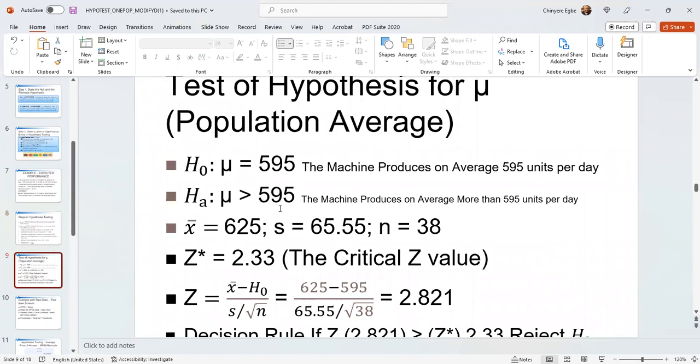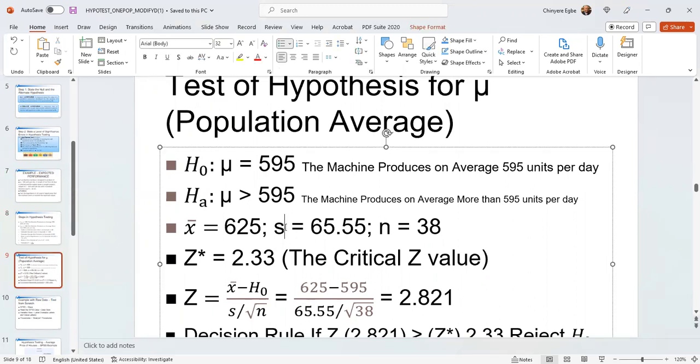Here again, I restate the hypothesis, then I calculate the sample mean 625 and the sample standard deviation 65.5 from a sample of 38 units. So now we say the level of significance is 0.01.